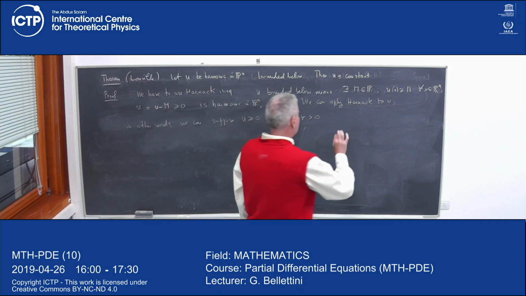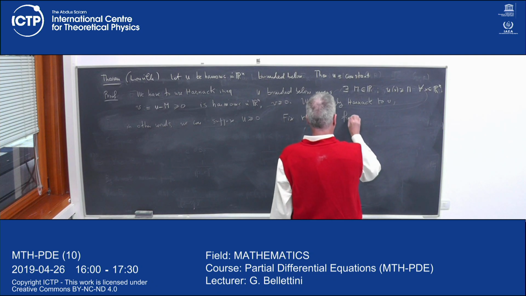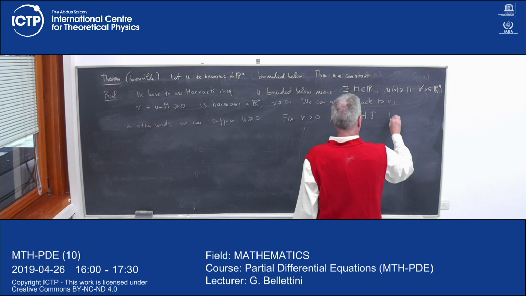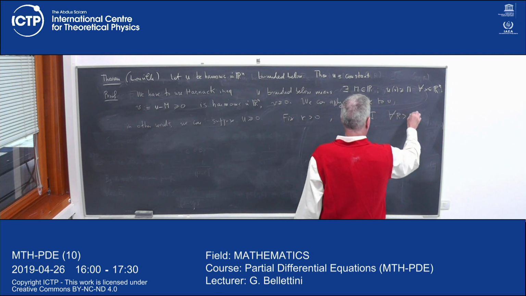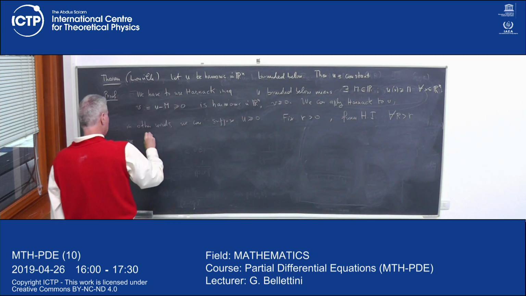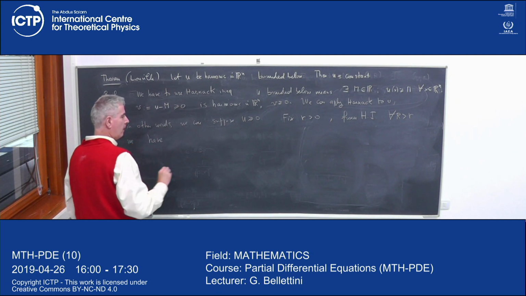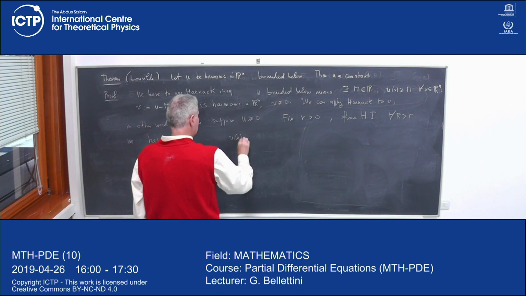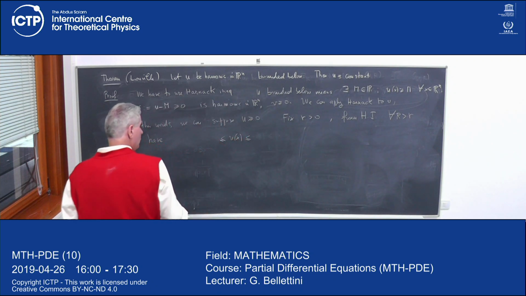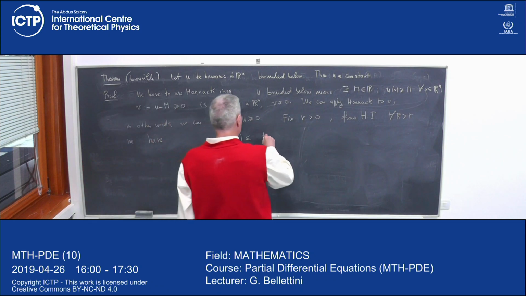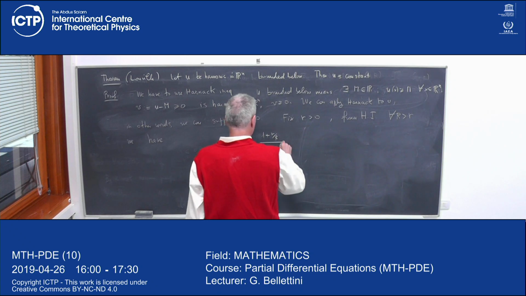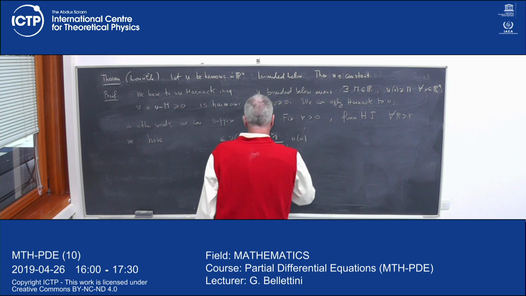We know that from Harnack inequality, for any capital R larger than R, we have u of x less than or equal than 1 plus something over R. I think that now you imagine the proof, but let me write it in any case.